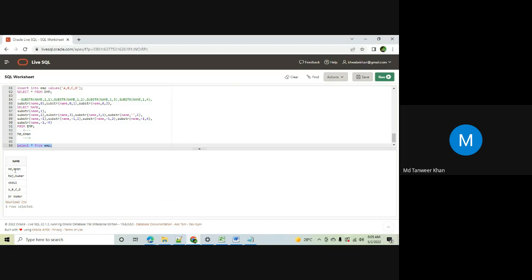So this is our employee table. Same data I am considering. If you have understood substring, this string function is similar to that, with little differences.